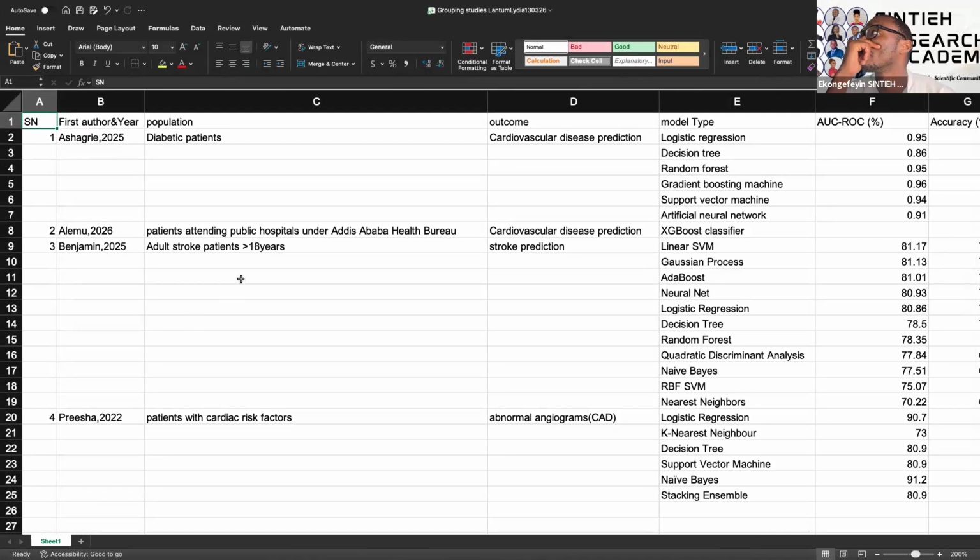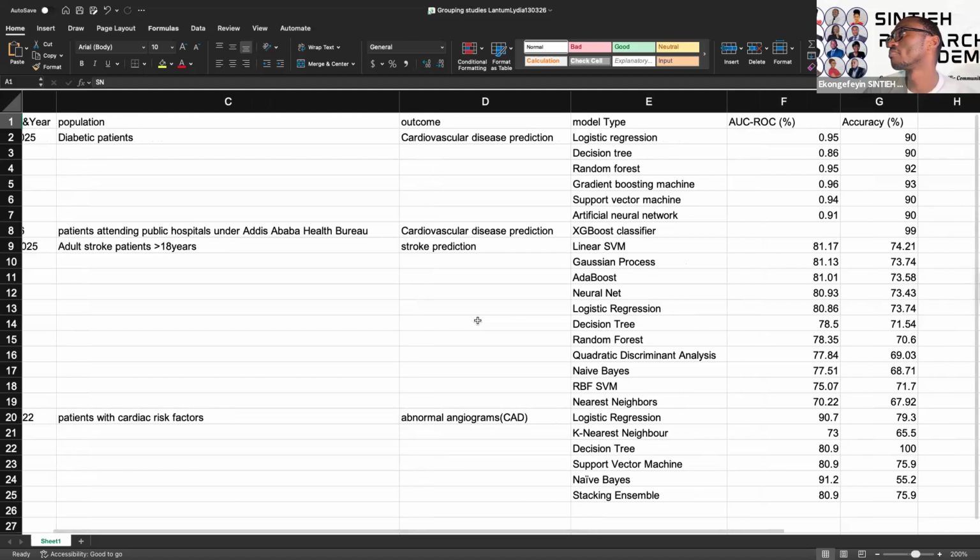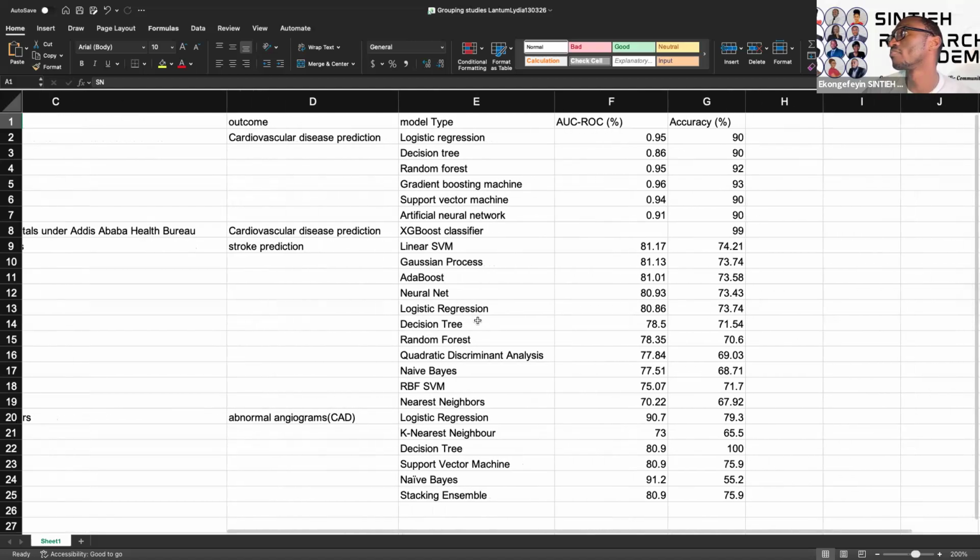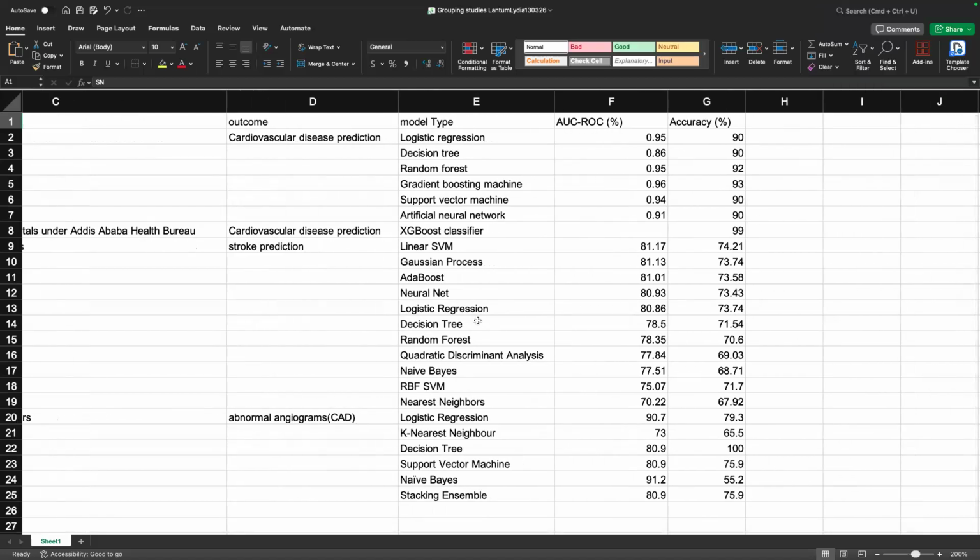There are two extra columns for area under the curve and accuracy. I added accuracy because one of the studies assessed the AI model but checked only the accuracy and the F1 score.